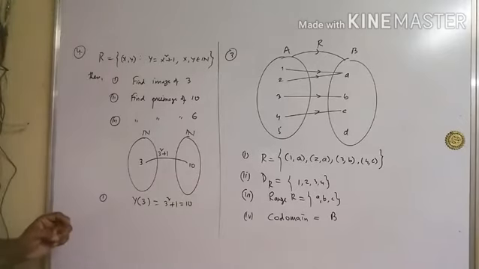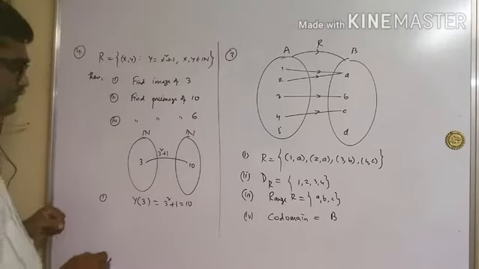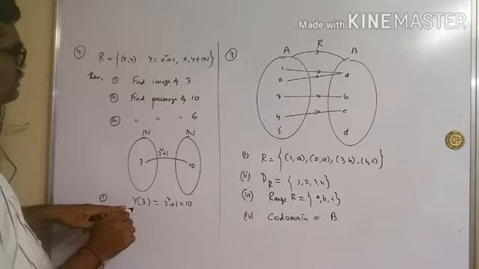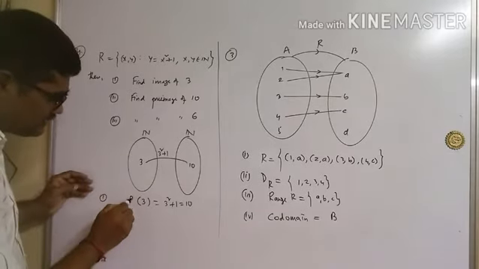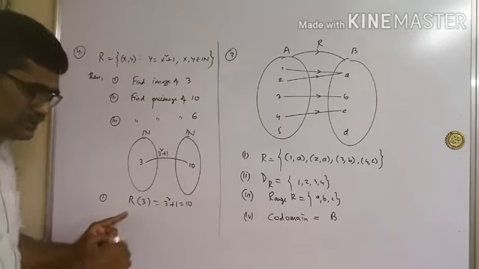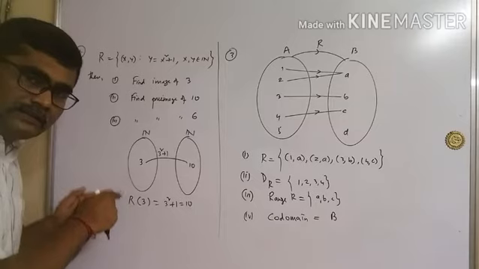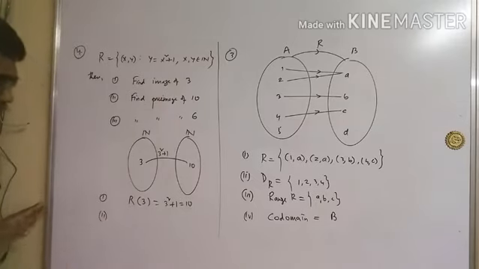Am I clear to you? Okay. So actually this notation should not be written like this. I am sorry, I should have written it like this: R of 3. That means 3's image with reference to the relation R. Done. This is done.